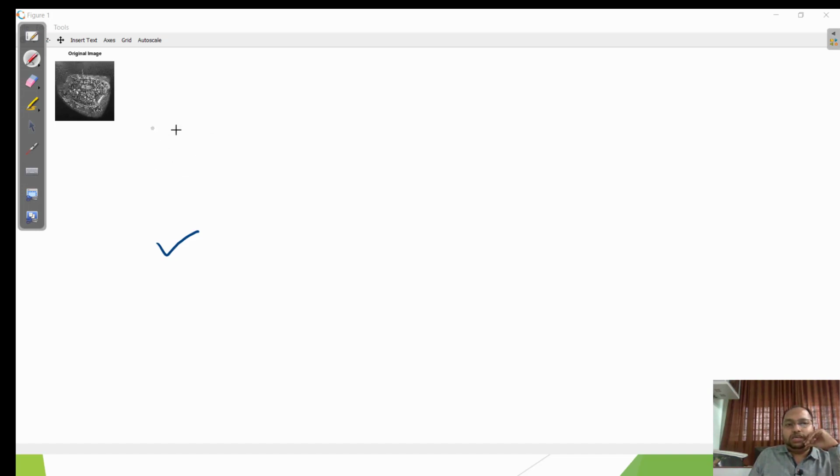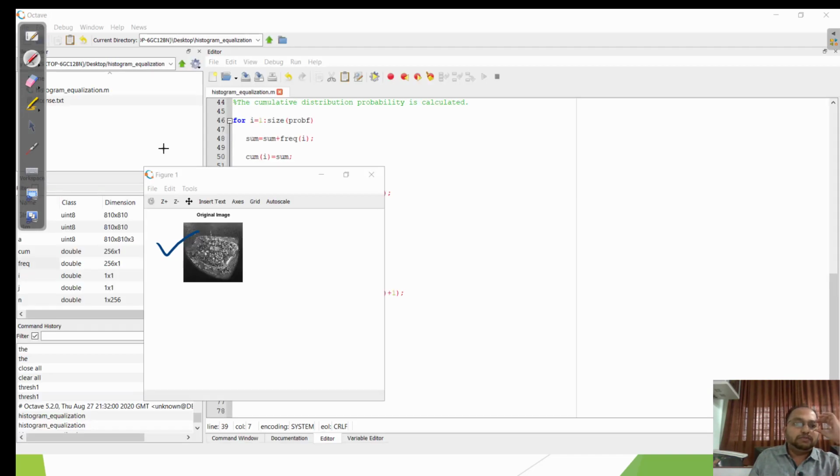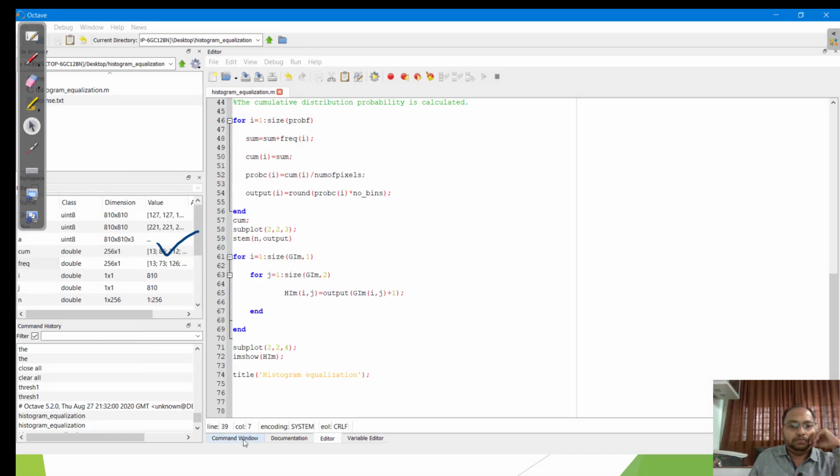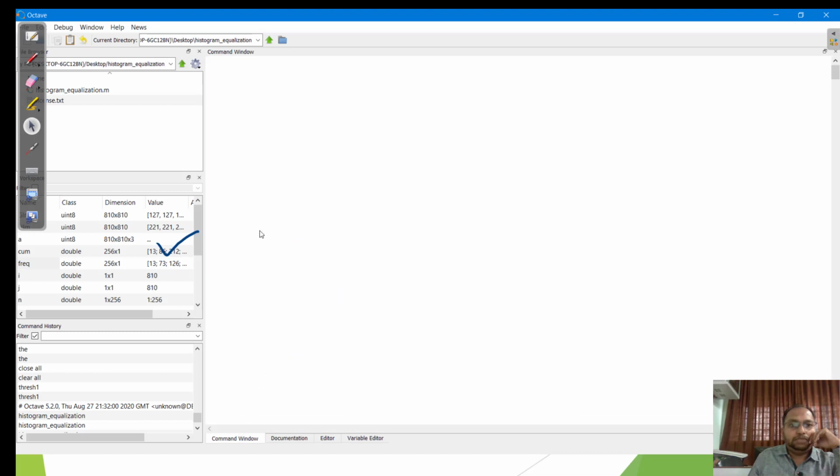Wait for some time because we haven't used any kind of function, so ultimately it is going to go on calculating all the terms. Let me check whether there are any errors. There are no errors as such.